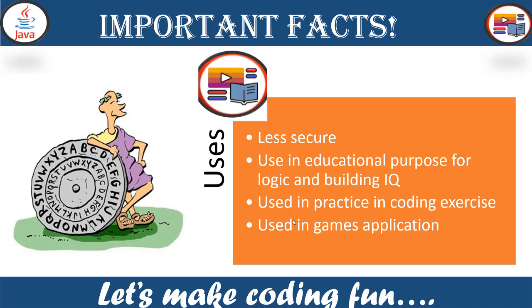What do you mean by less secure here? The reason, it is having less probability or less possibility to hack easily. The reason, we have only 26 letters, and in those letters you can easily decrypt it by having 25 numbers.